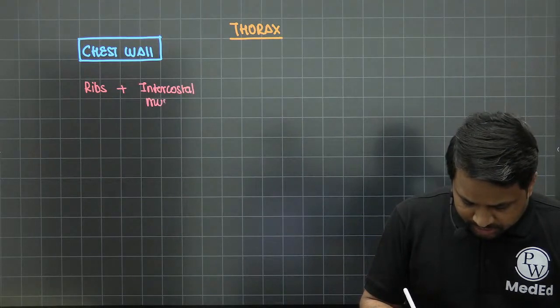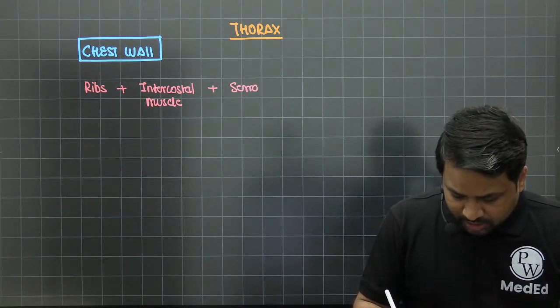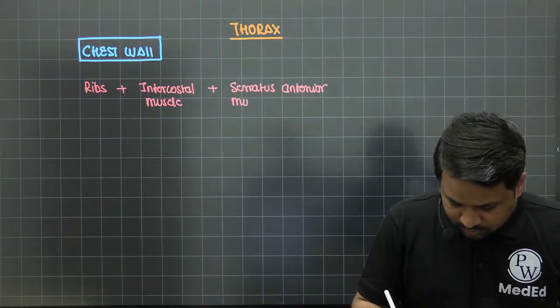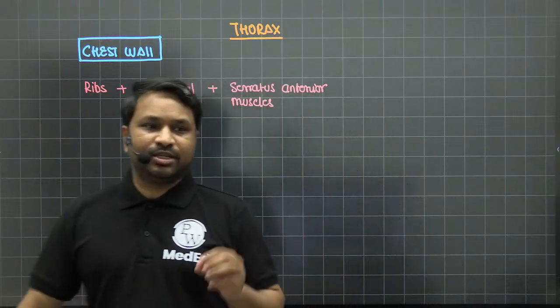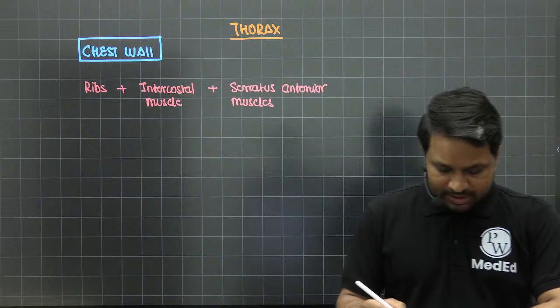Another muscle which is going to be adding here is the serratus anterior group of muscle. So the chest wall is made up of three components: the ribs, the intercostal muscles, and the serratus anterior group.